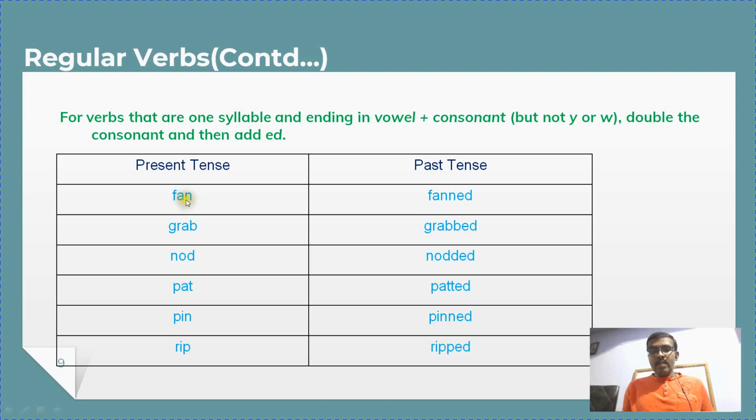Double n: f-a-n-n, and then add ed. Likewise, crab, crabbed; nod, nodded; pat, patted; pin, pinned; rib, ribbed. Likewise we follow these procedures for regular verbs.